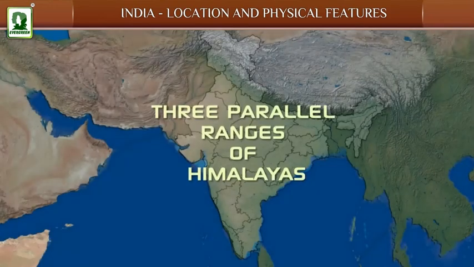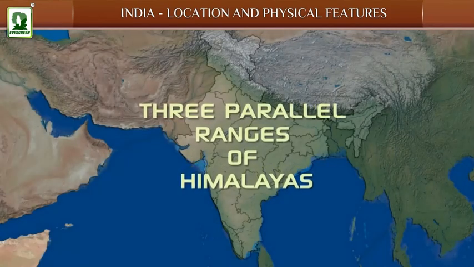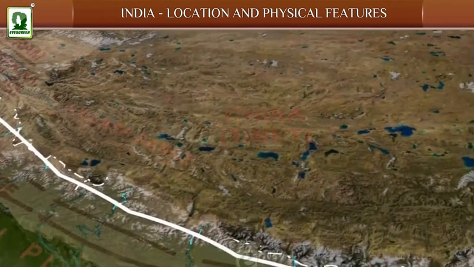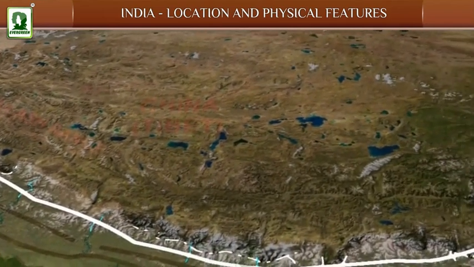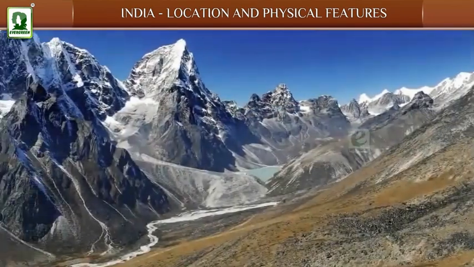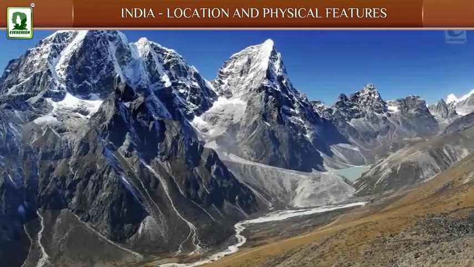Three parallel ranges of Himalayas. The Himadri or the Great Himalayas. It is the northernmost range. It has some of the highest snow-capped peaks in the world.